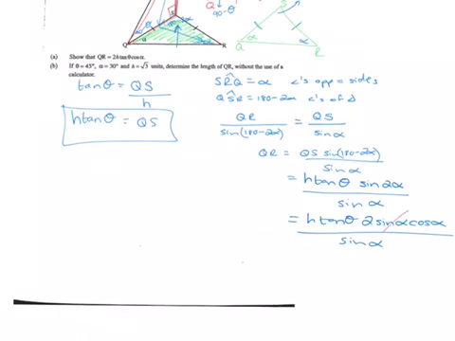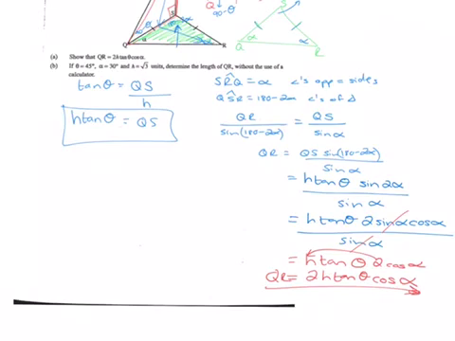Now we can cancel our sines and we're left with H tan theta 2 cos, sorry, not theta, alpha. And so I'm just going to bring the 2 to the front. It's 2H tan theta cos alpha, which is what they wanted us to get to. That's our question. I'll show that.